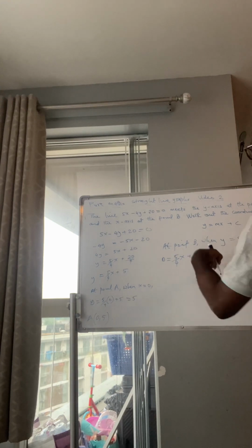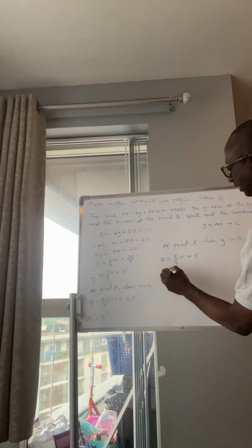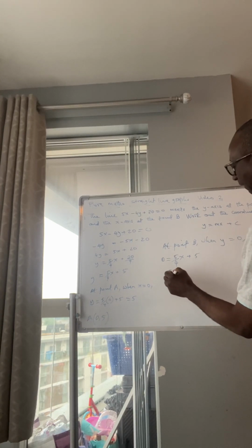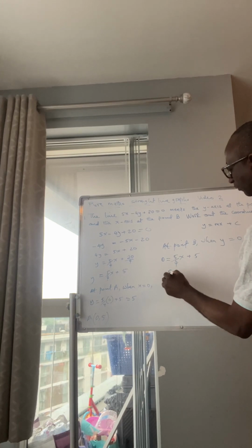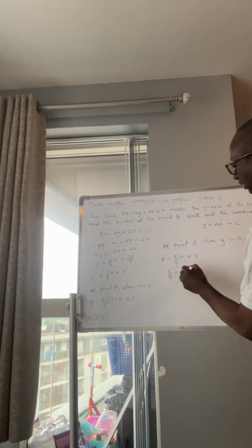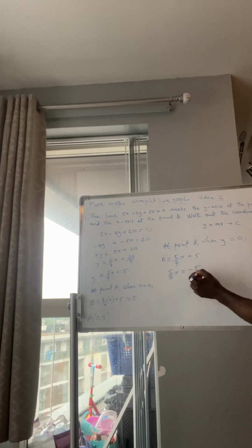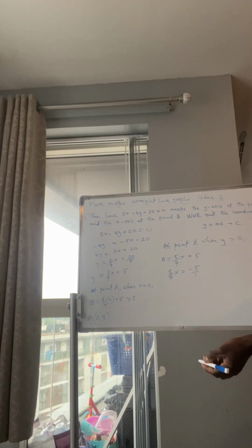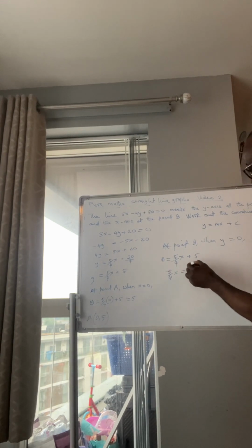We want to find the value of x. So transpose, bring 5 over there. You now have 5 all over 4 x equals minus 5. Yeah? So quick cancellation. This is 5 all over 1, so this will cancel this.